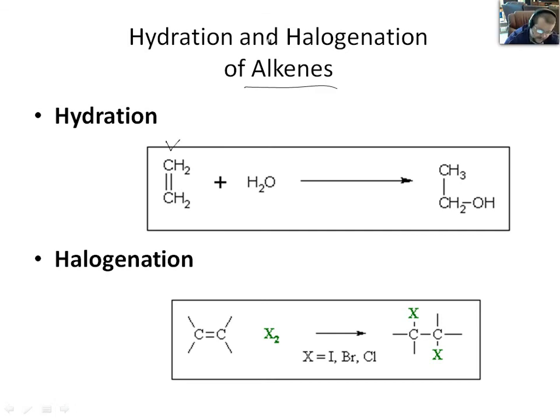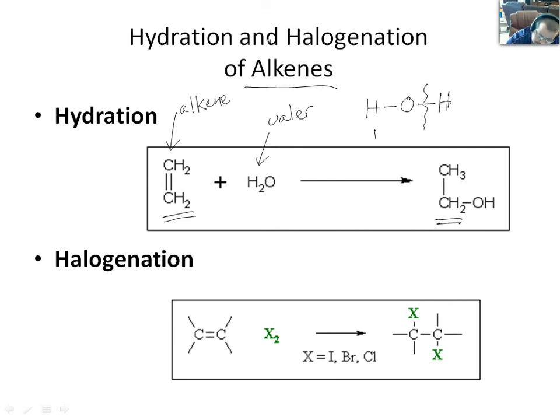So on the left here, I've got my double bond, which makes this chemical an alkene, and I've got a water. Now what happens here in going from where I start to where I finish is I'm going to take this water molecule and I essentially split it into 2 parts.